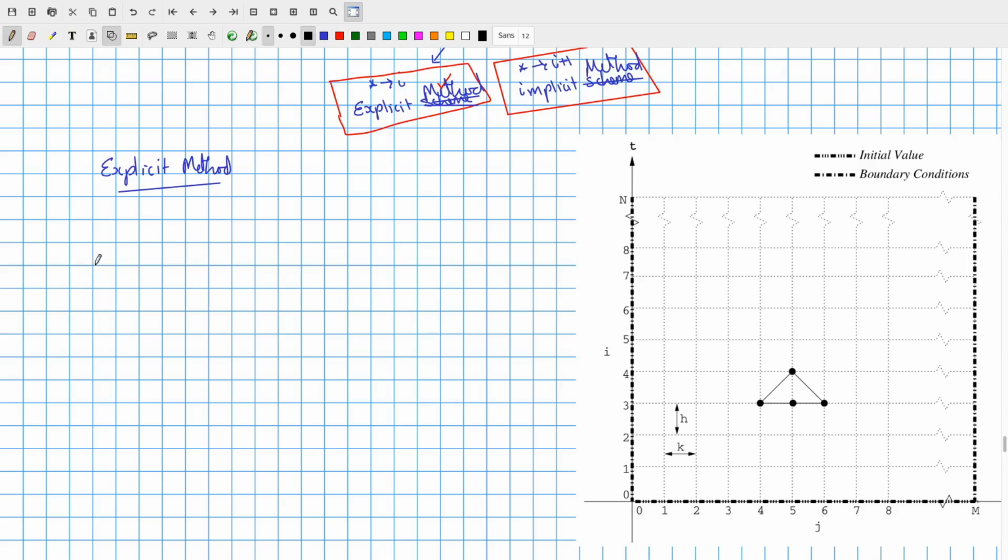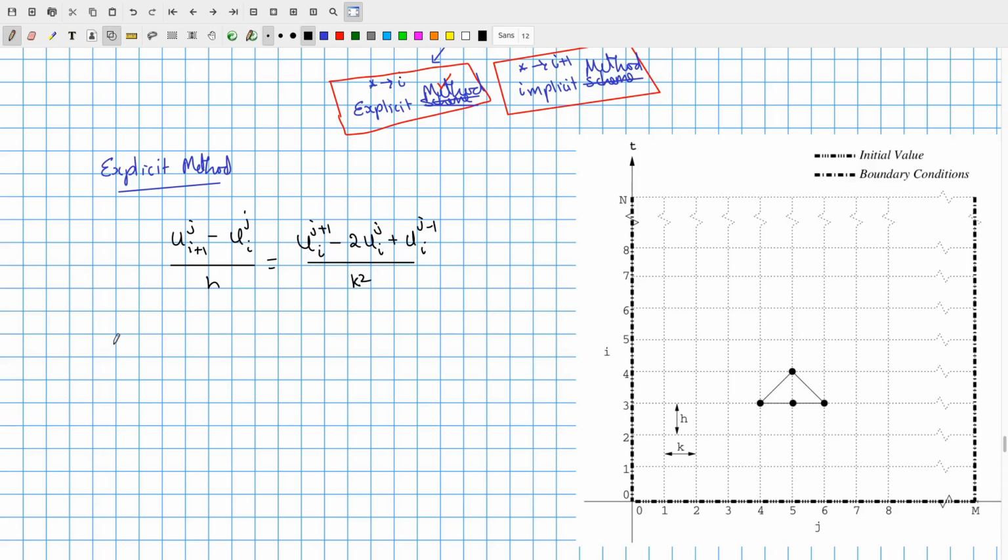In the explicit method, the finite difference approximation of the heat equation becomes u of I plus 1, j minus u of ij, divided by h, the interval width that we choose. The right hand side, in the explicit scheme, is u of j plus 1, I minus 2 times u of ij plus u of ij minus 1, divided by k square.